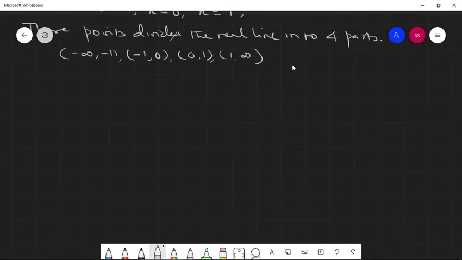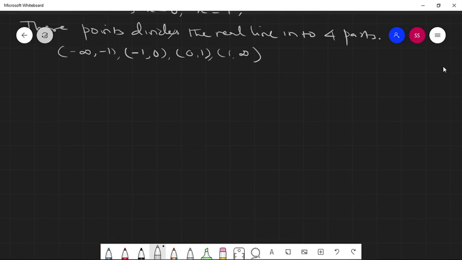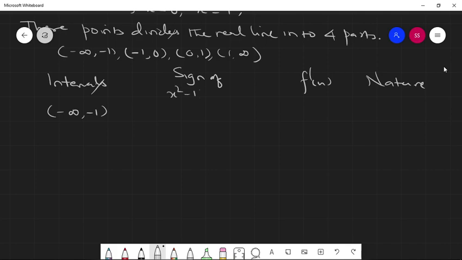And we find the sign of f dash x and the nature in these intervals. So for the intervals, the factors are x square minus 1 and x square. These two are the factors.